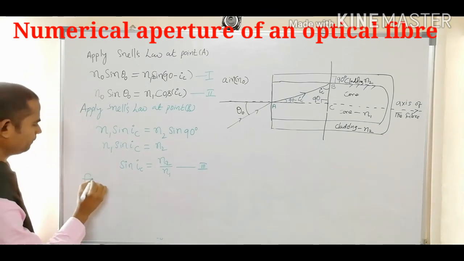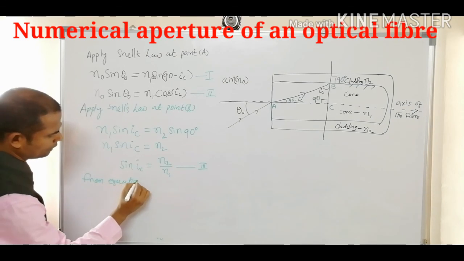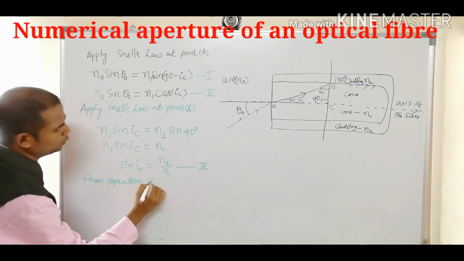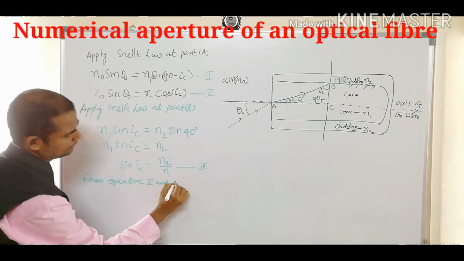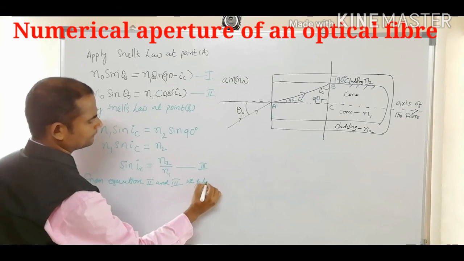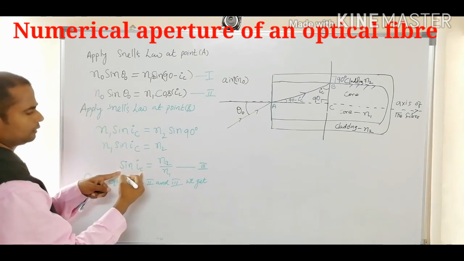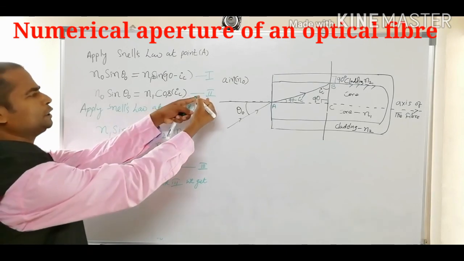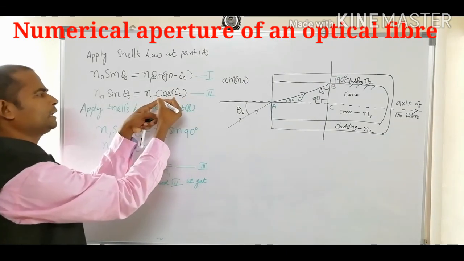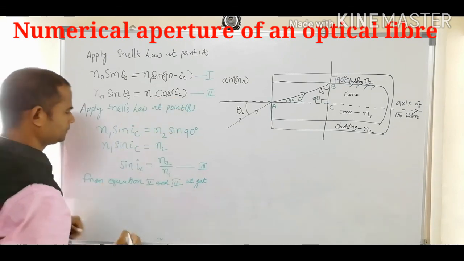So from equations 2 and 3 we get, put sine IC into equation 2 after converting cos IC in terms of sine.